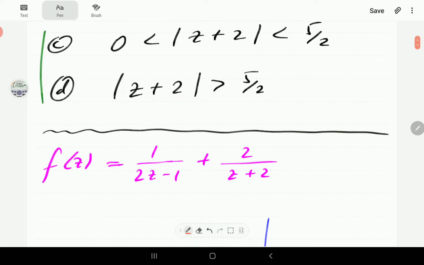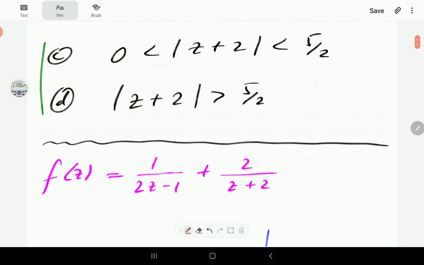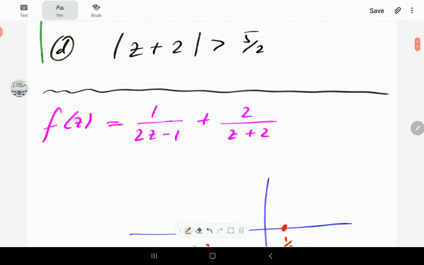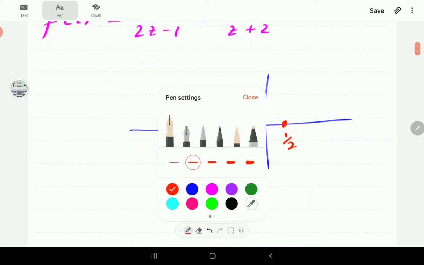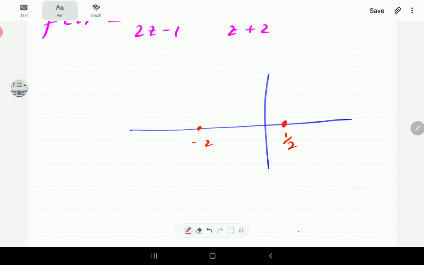The region of interest is centered at -2. So what we want there is the region which is just excluding -2, and then it's going to go all the way to that point 1/2.